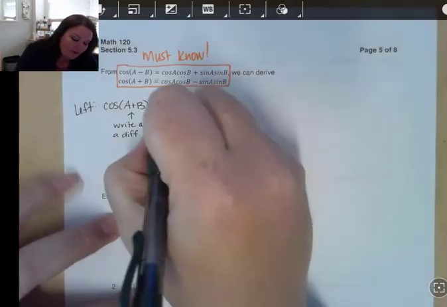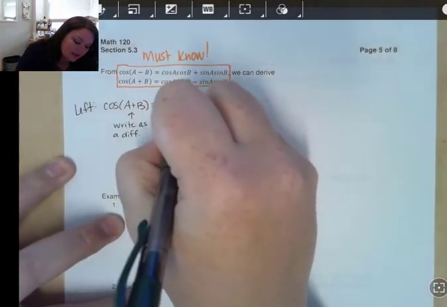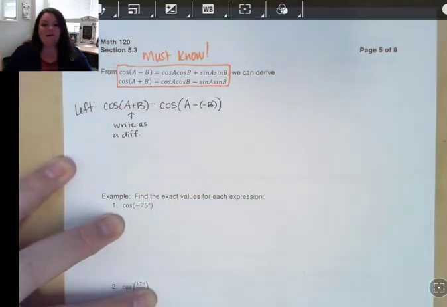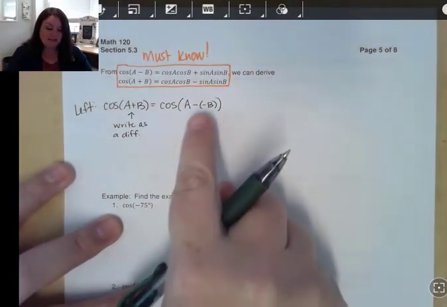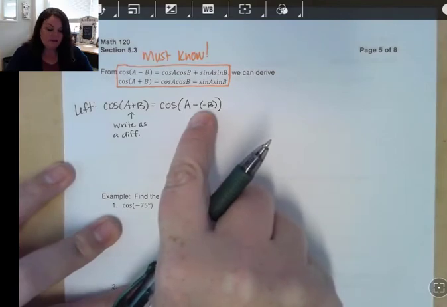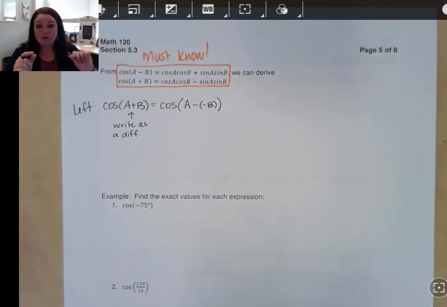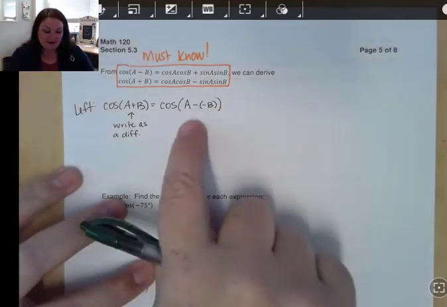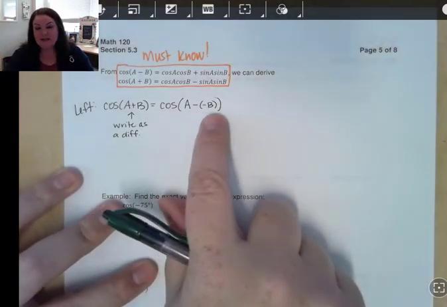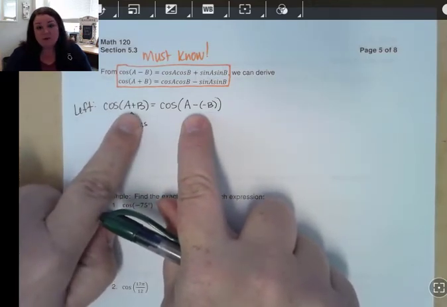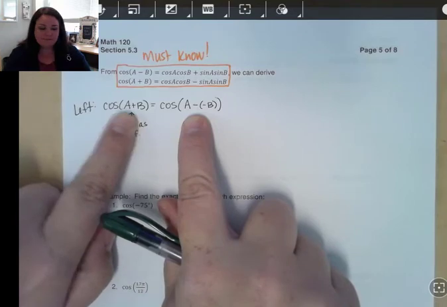So I could rewrite this as cosine of A minus a negative B. Do you agree with me? Because anytime we have double negatives, that becomes a positive. It's kind of like using that rule, but backwards. So I'm just going to rewrite this as A minus a negative B, because I have not changed the value in any way. I've just rewritten it in a different way.